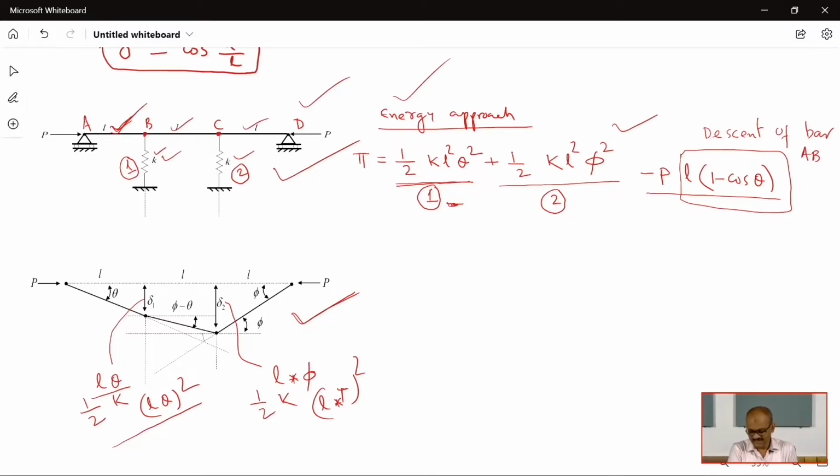Then you can add the next term, minus P into L into 1 minus cos phi.